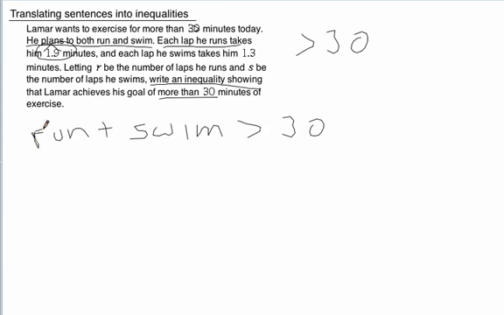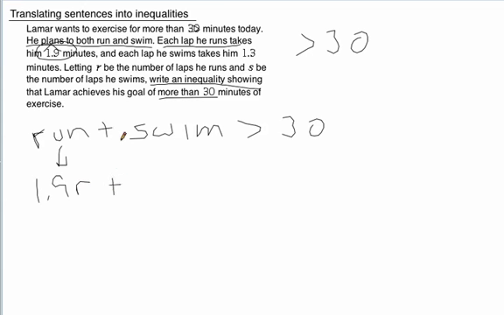And so this running is the amount of time actually. And how do we calculate the amount of time he runs? Well, it's going to be the number of laps times the number of minutes per lap. So this becomes 1.9R. So it's the number of minutes per lap times the number of laps.